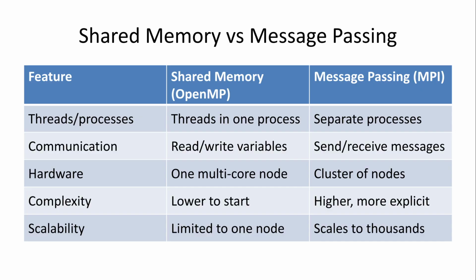So scalability wise, message passing is much more scalable, whereas OpenMP has limited scalability due to the complexity of system design, where you have a large number of nodes connected to the common memory pool.